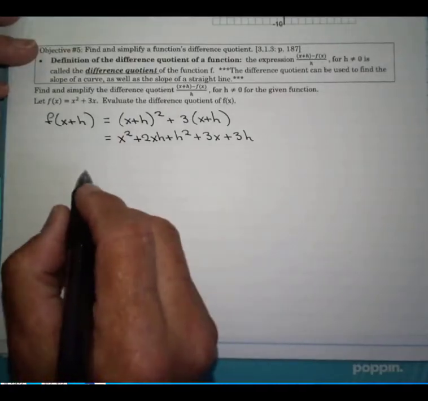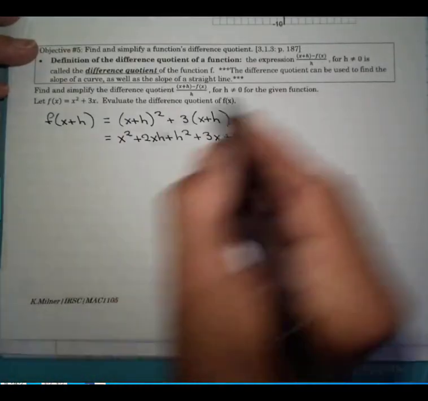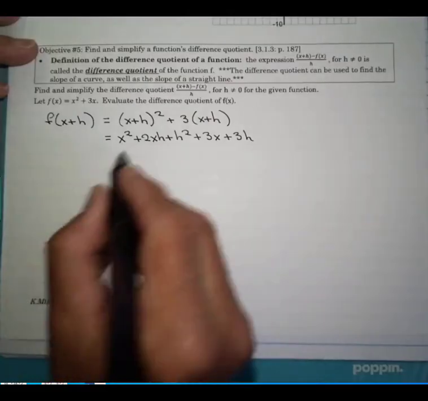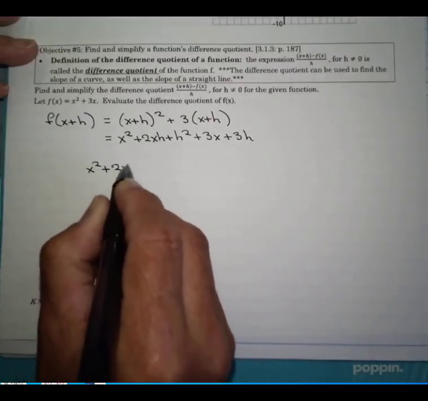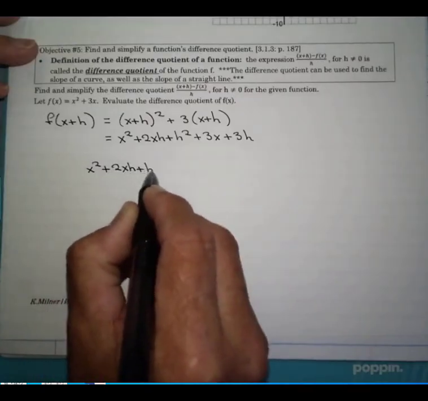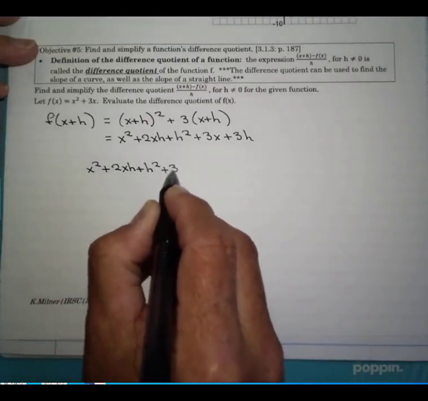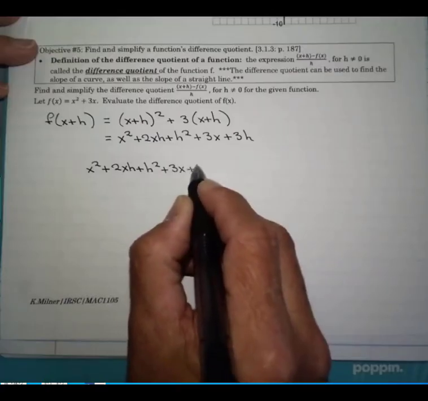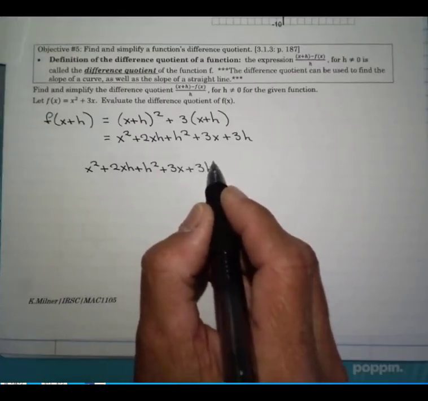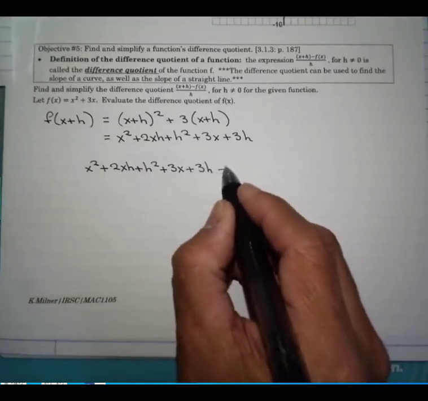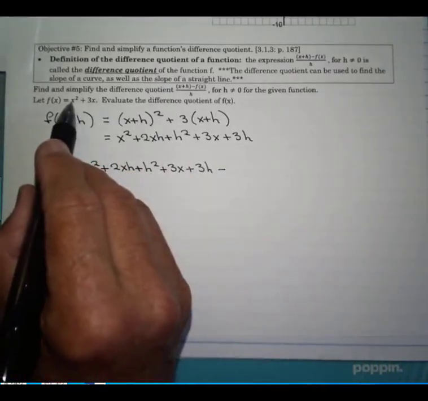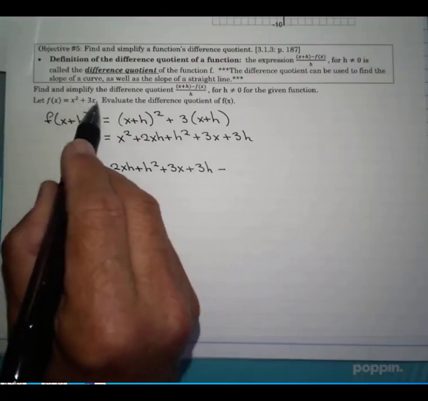Now, it's really simple now. My expression should say the function of x plus h, which is x squared plus 2xh plus h squared plus 3x plus 3h. And then I'm going to subtract this function, the normal one, the one I had, x squared plus 3x.